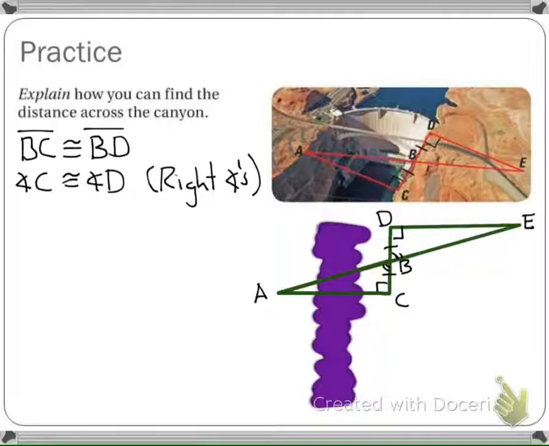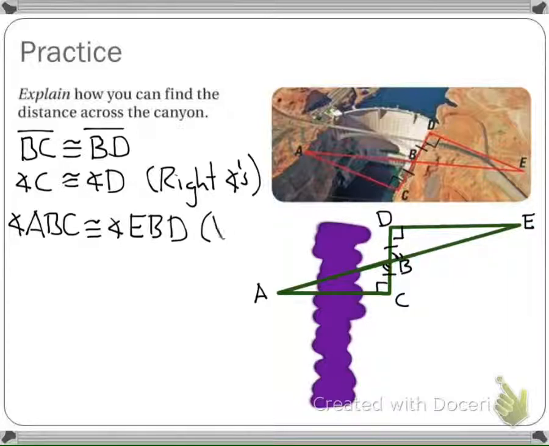I have that both angles at B, so we want to say ABC is congruent to EBD because they're vertical. Oops, I forgot a letter. So now I'm looking at these 2 triangles, but wait, I can show these 2 triangles are congruent.